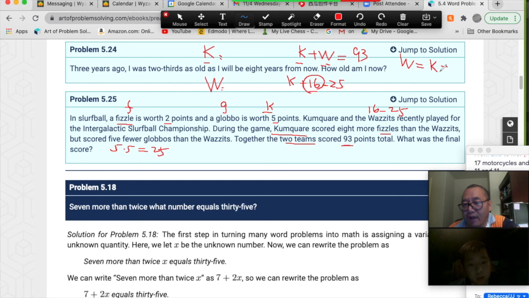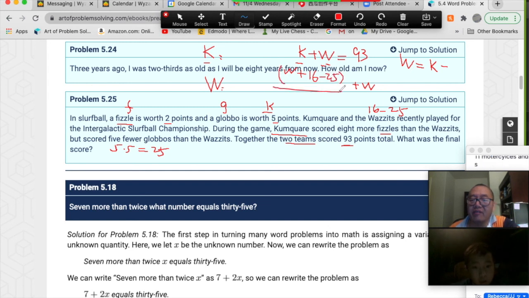You can do it this way: suppose the second team's score is W, right? You use W to represent K. K will equal W plus 16 minus 25, right? This equals K. K and W added together equal 93, right? Then you solve this equation.